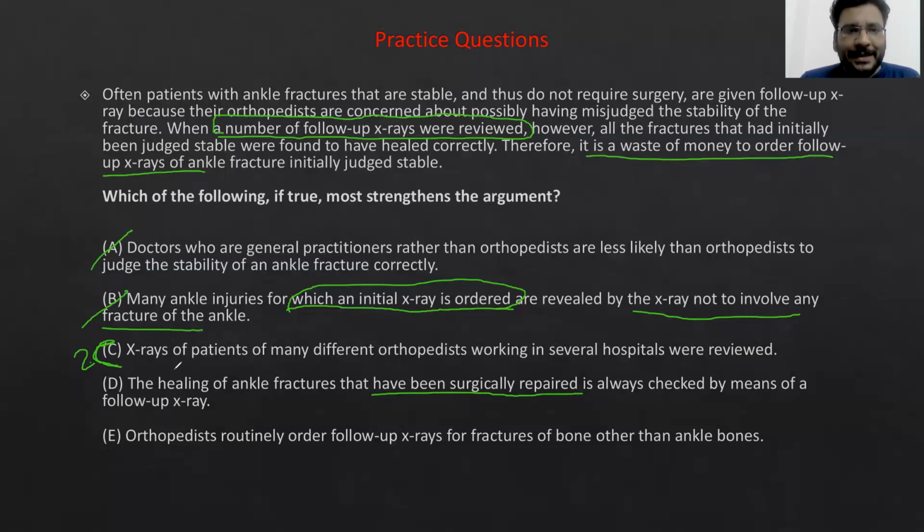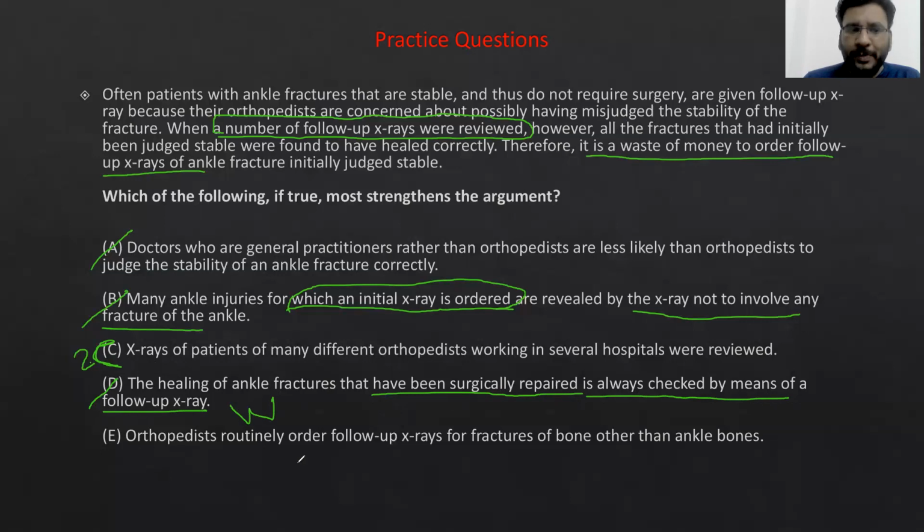Now, it says the healing of ankle fractures that have been surgically repaired is always checked by means of a follow-up X-ray. In a sense, it says that certain fractures require follow-up X-ray. So what is it? It's actually a weakener, right? I'm looking for an option which says, let's not go for follow-up X-ray. So D is a weakener, so that's wrong.